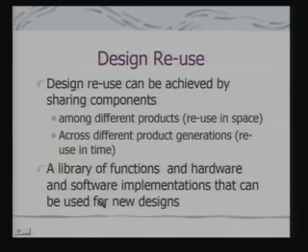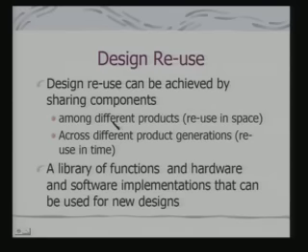So, once we have that, obviously this would enable design reuse. Design reuse can be achieved by sharing components among different products. This is called reuse in space. This can also be done across different product generations, which is called reuse in time.